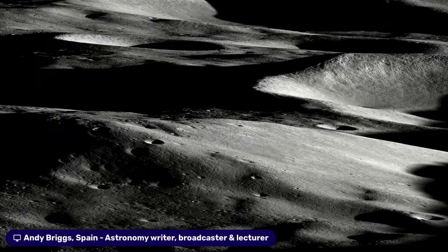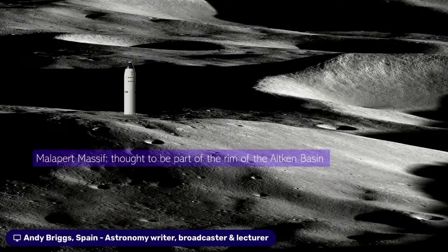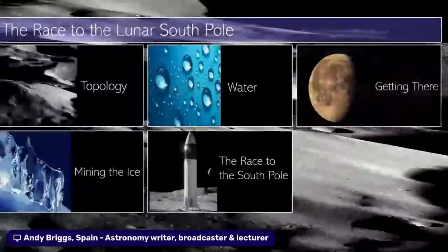So hopefully astronauts will descend on SpaceX's lunar Starship towards the moon's South Pole and land on this sort of mountainous region here, which is called Malapert Massif. It's thought to be actually part of the rim of the Aitken Basin, that massive impact crater basin that is mainly on the far side of the moon. But the Mount Malapert Massif is thought to be part of it. And hopefully in 2025, this is where NASA will land.